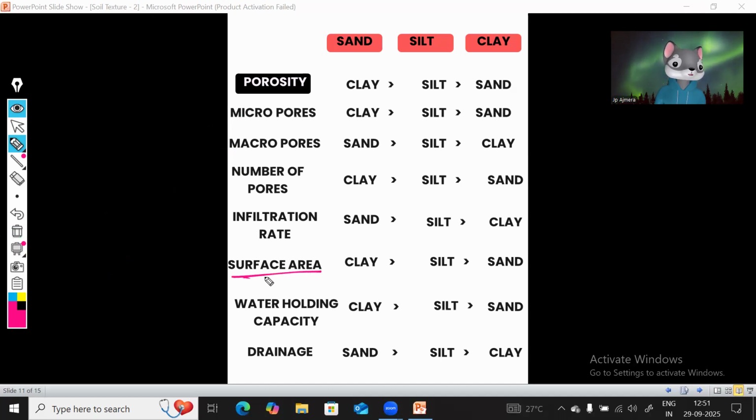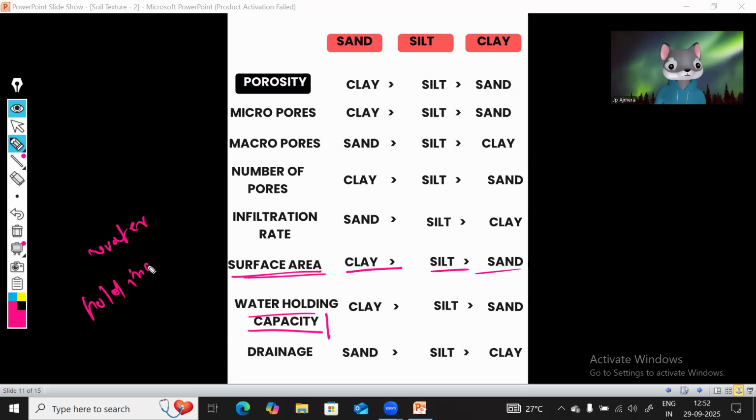Surface area, we already discussed that. Water molecule capacity is directly proportional to surface area.